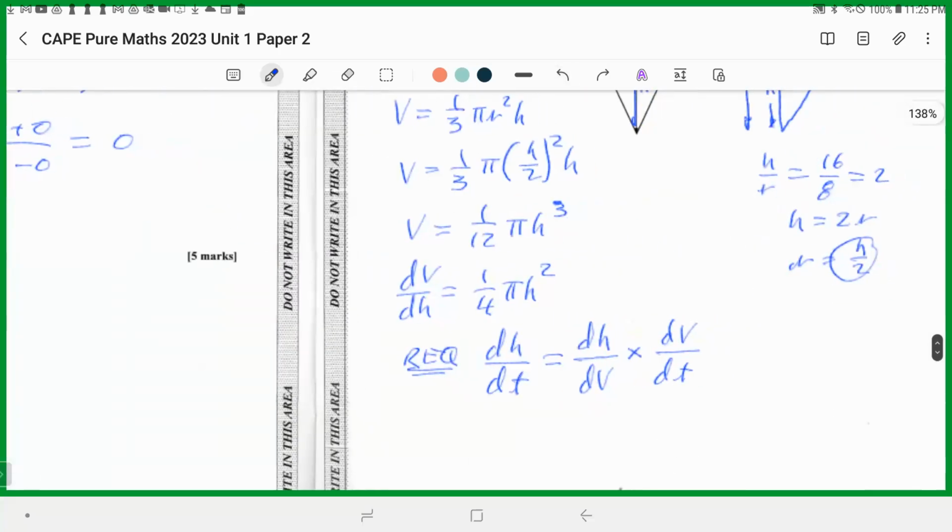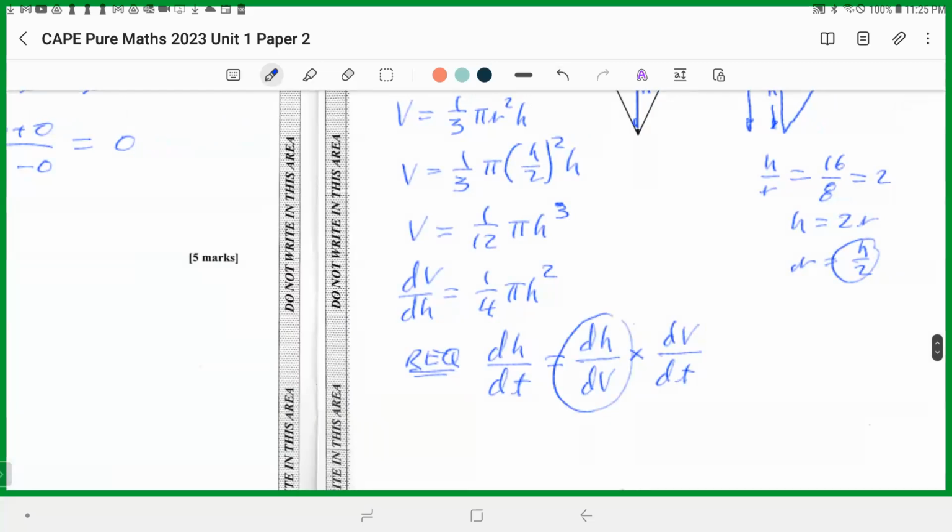Let me write this as a fraction, since we're going to need a reciprocal. So it is really pi h squared over 4.